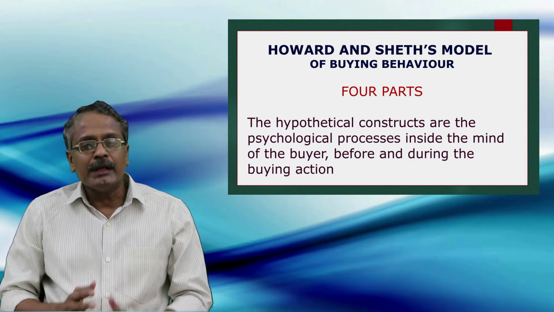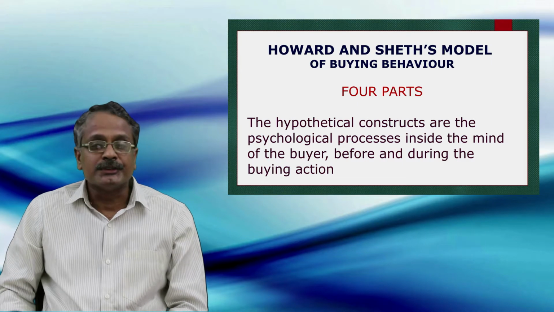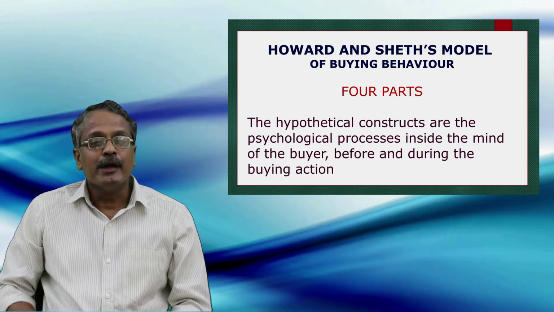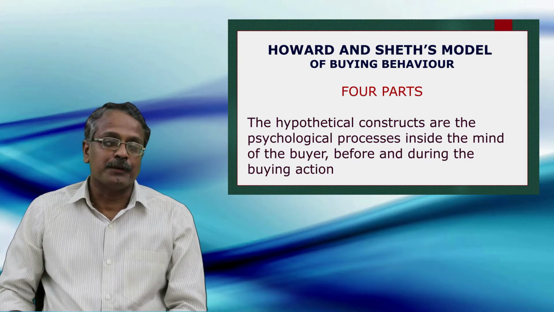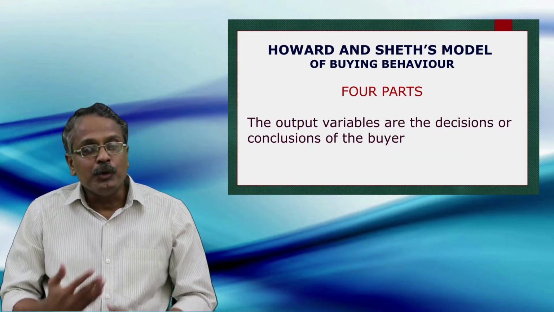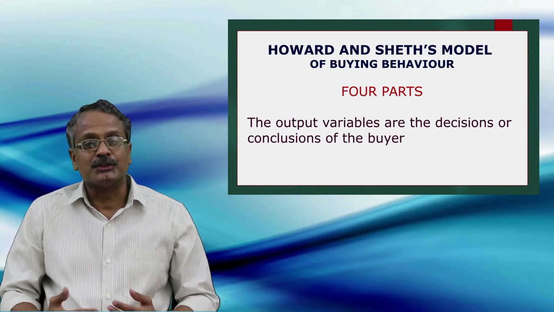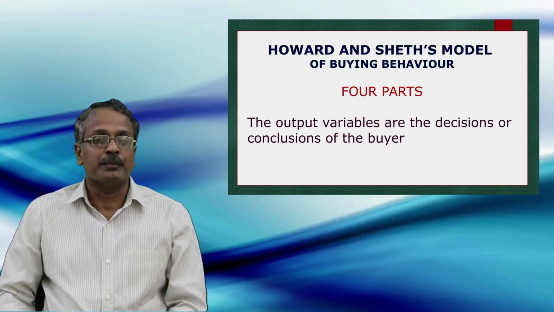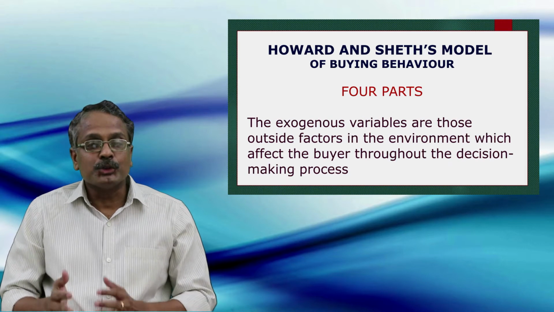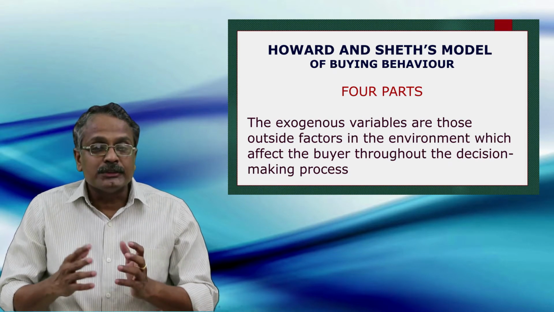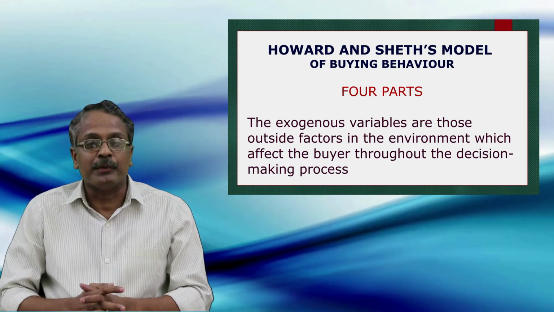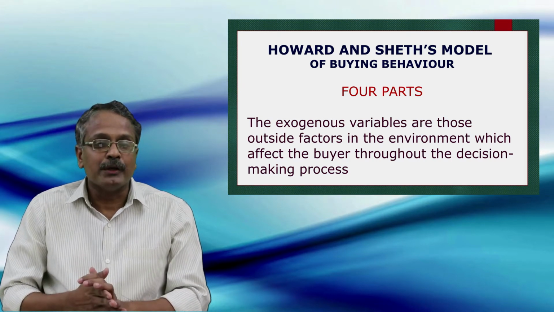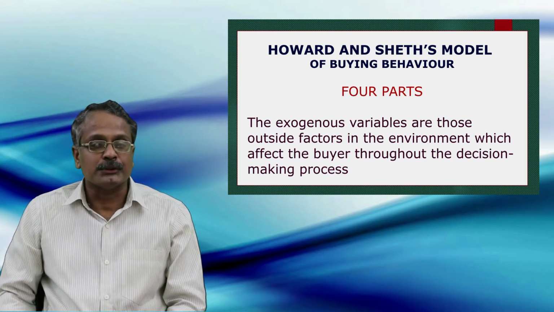The hypothetical constructs are the psychological processes inside the mind of the buyer before and during the buying action. The output variables are the decisions or conclusions of the buyer. The exogenous variables are those outside factors in the environment which affect the buyer throughout the decision-making process.